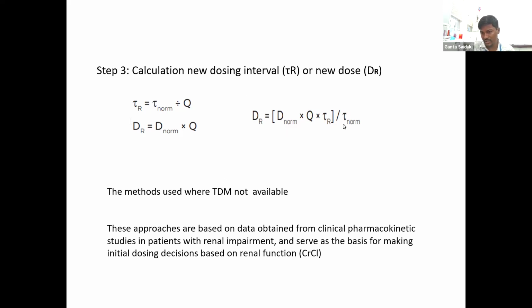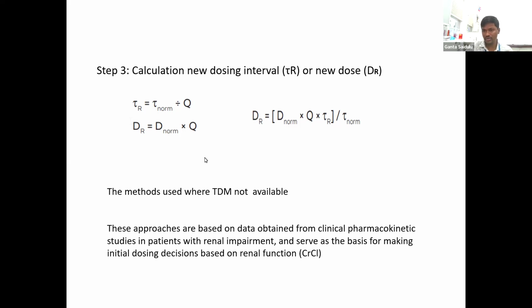These methods are really helpful especially in Indian settings, where TDM is not available for every antibiotic. By using these simple equations, we can calculate the required dosing interval as well as the required dose. These formulas are derived from PKPD studies, especially in patients with renal impairment, and serve as the basis for making initial decisions based on renal function.